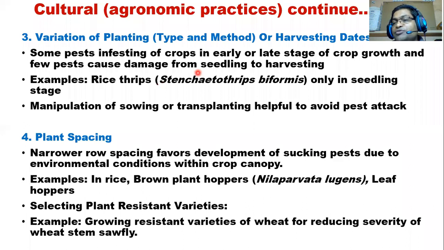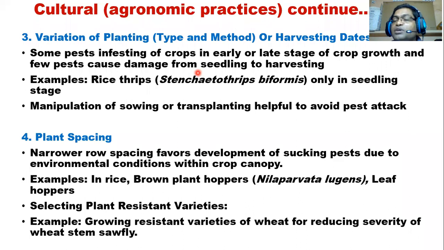The harvesting date: if you expect that your harvesting date is coming under the monsoon or rainy period, you have to harvest before the rainy period. For example, if you are taking groundnut, before the onset of rain you have to harvest. Otherwise, you can expect red hairy caterpillars, black hairy caterpillars.